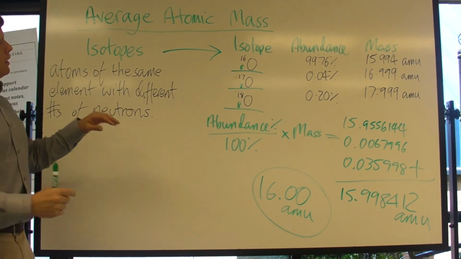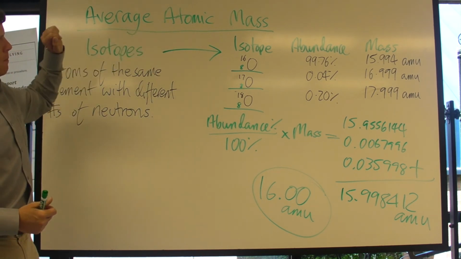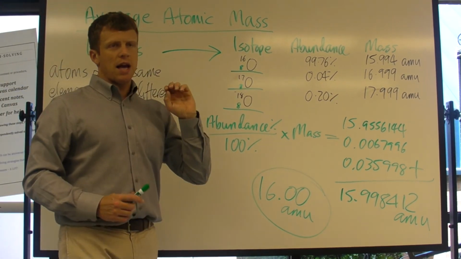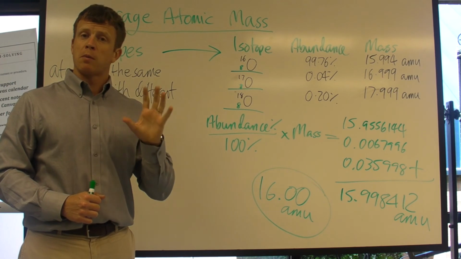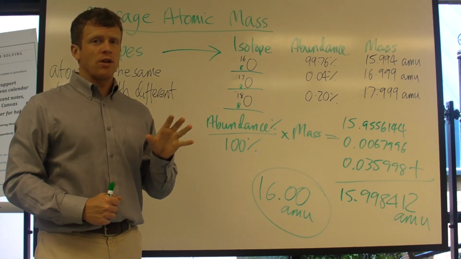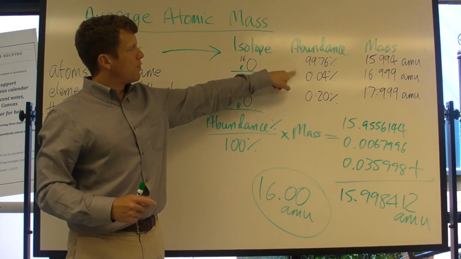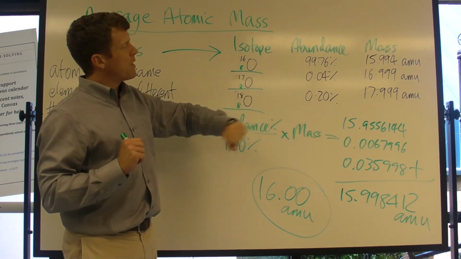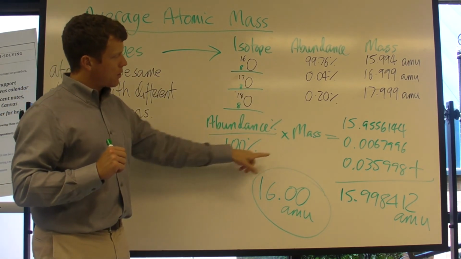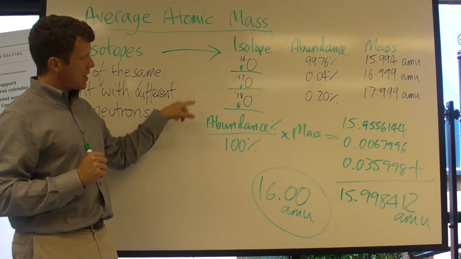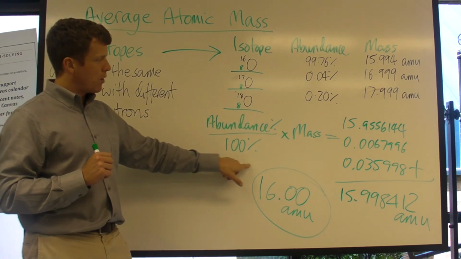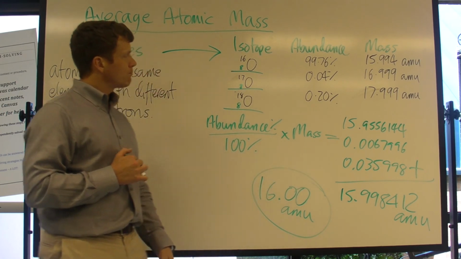Quick recap. Average atomic mass, the mass of each atom on the periodic table, is a weighted average. So it kind of depends how much of each isotope there is. A different way of saying that is the abundance. This quick calculation, for each isotope, you take the abundance, divide it by 100, multiply by the mass.